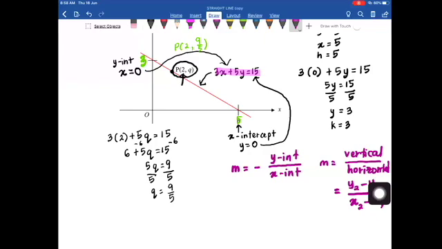Alright. So, kita boleh guna equation gradient negative y-intercept divide x-intercept because dalam kita punya diagram straight line memang ada nilai x-intercept and y-intercept. Kita dah calculate dah tadi.